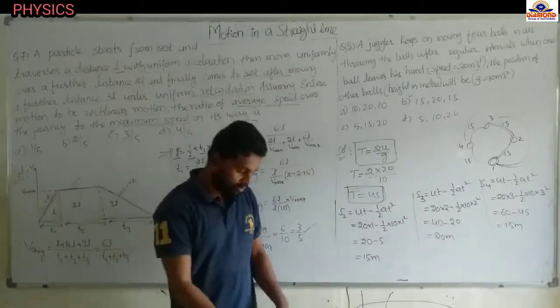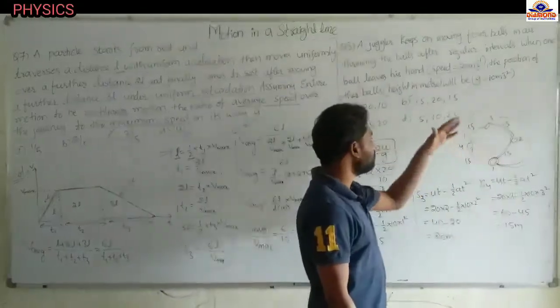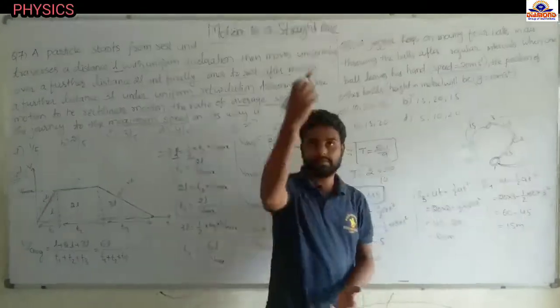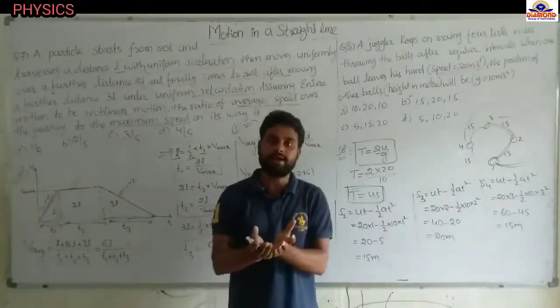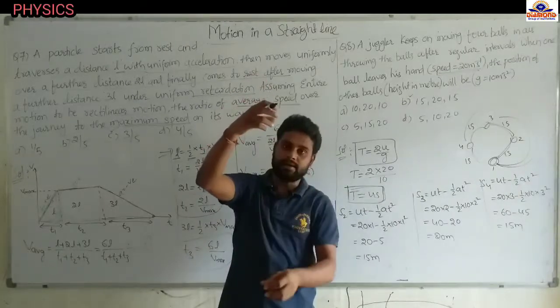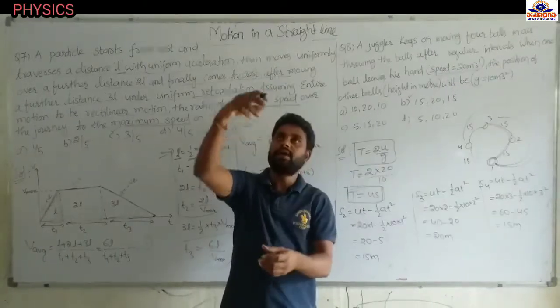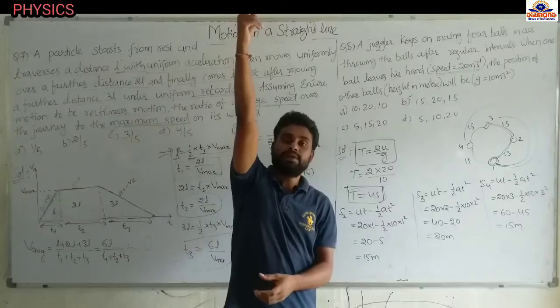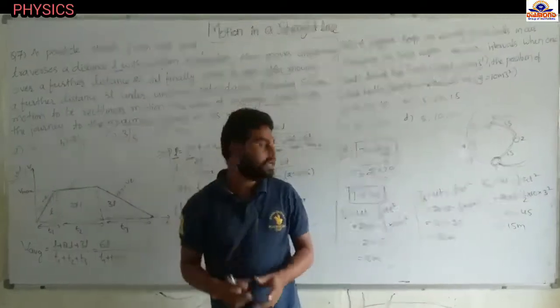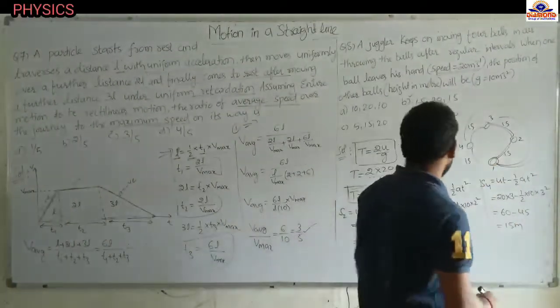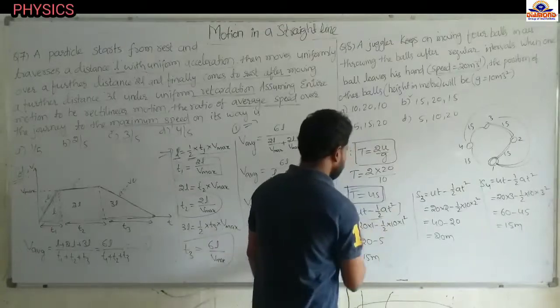Now we have to find the positions of the second, third and fourth balls. Suppose the first ball has reached his hand; then the second ball is 1 second away, the third ball is 2 seconds away, and the fourth ball is 3 seconds away. For the second ball, we use S equal to ut plus half at square.